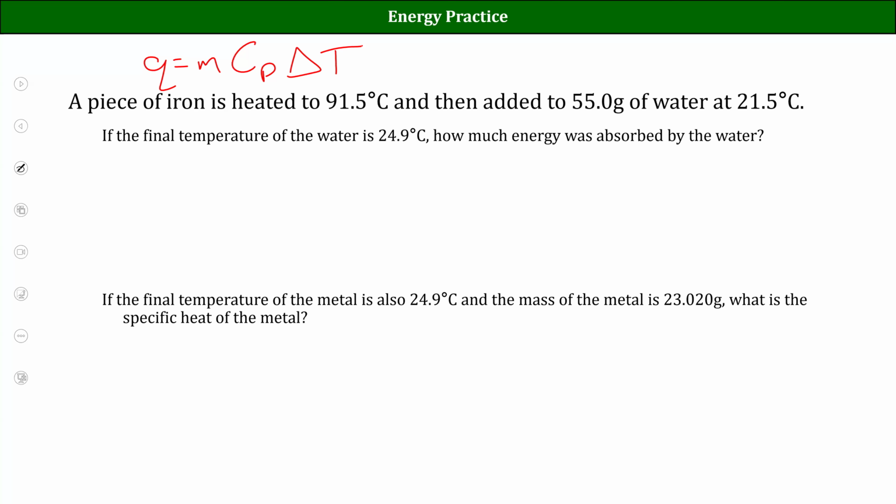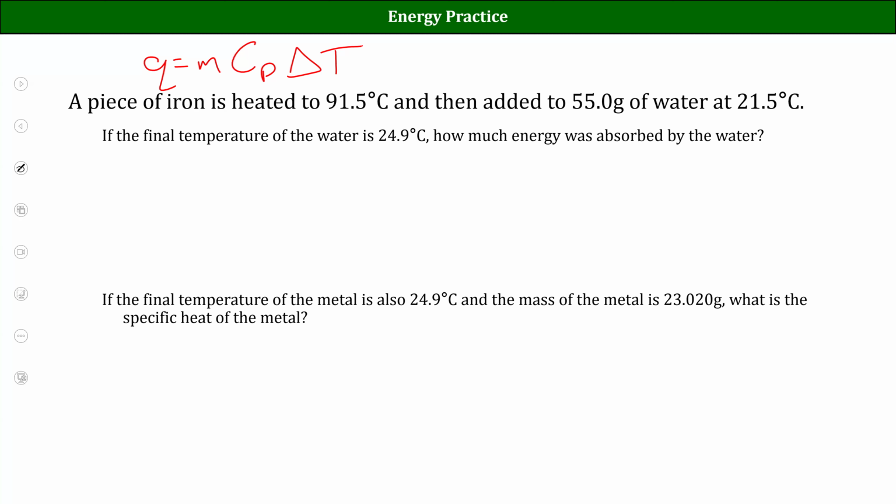Heat, aka energy that changed hands, is equal to the mass of the object that's changing temperature times the specific heat, Cp, of the object times the change in temperature. So for this first one, if we want to know what Q is for the water, we have to know what Cp is for water.